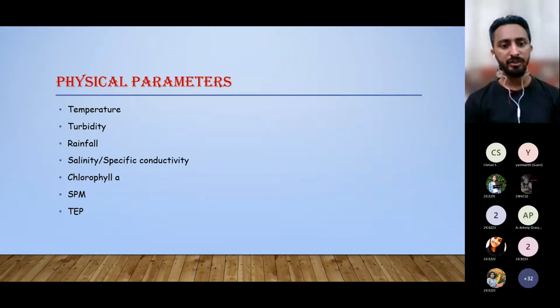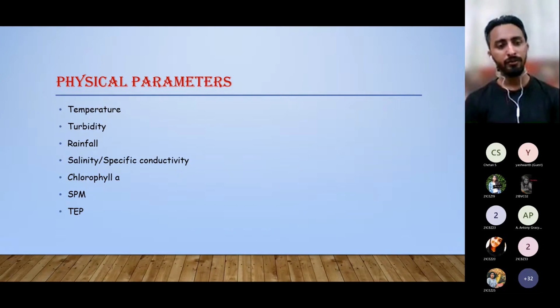Chlorophyll can be measured by filtering the water through filter papers, keeping the filter paper in acetone overnight, and then measuring the absorbance in a spectrophotometer. The values are then calculated further, and the chlorophyll values are given.